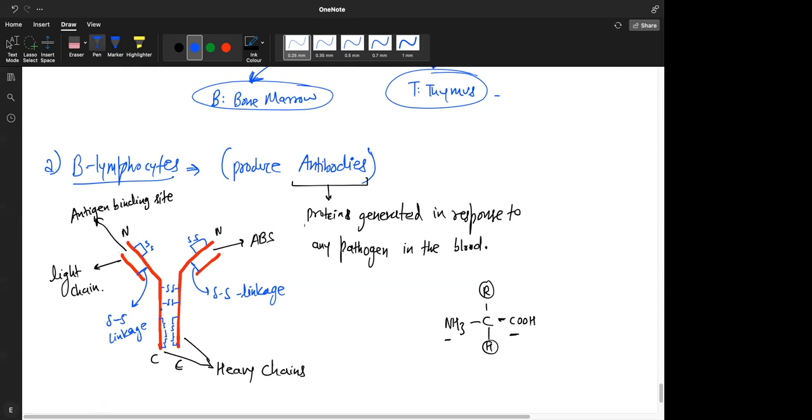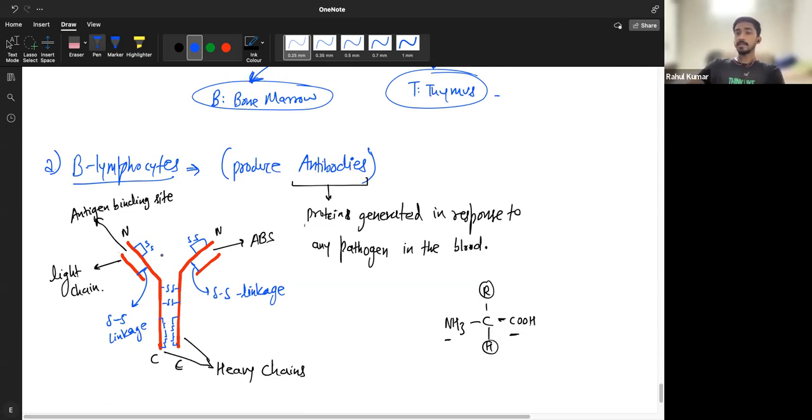Yes, sir. So there are two heavy chains, two light chains. Light chains and heavy chains are connected together by sulfide linkage. Heavy chains and heavy chains are also connected together by sulfide linkage. And towards the N terminal, where both light chain and heavy chain are present, in between them, this is the site for antigen binding. Okay.